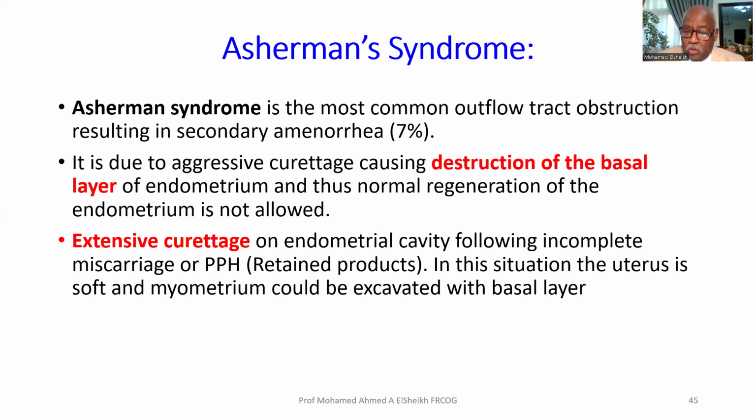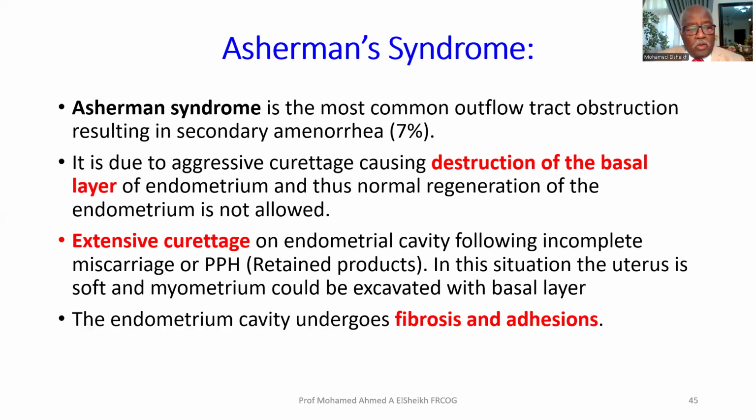In this situation, the uterus is soft and the myometrium could be affected. If you do extensive curettage following postpartum hemorrhage due to retained products, or following miscarriage, the uterus will be friable and soft, the endometrium could be removed down to the level of the basal layer, or the basal layer itself destroyed.